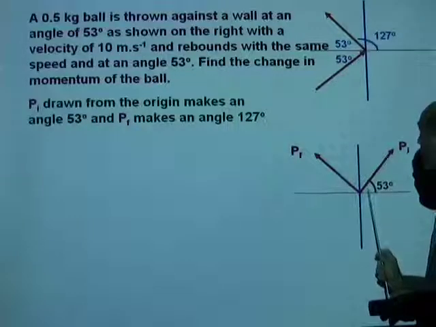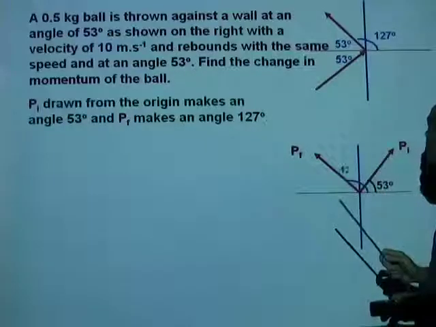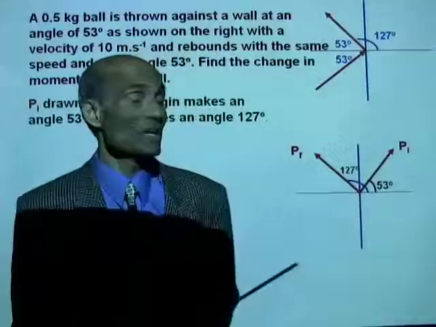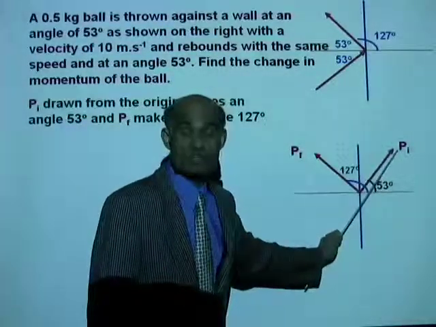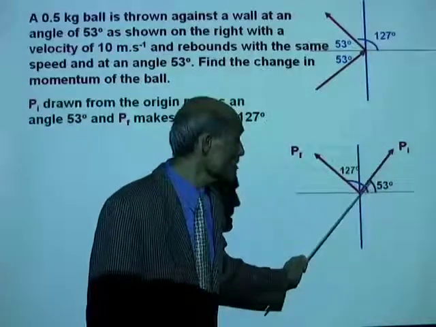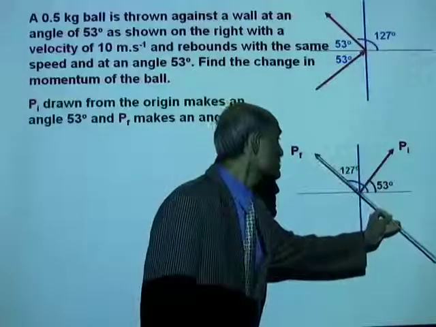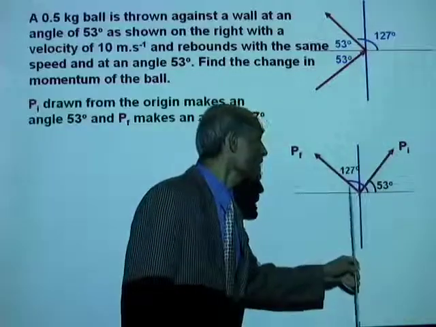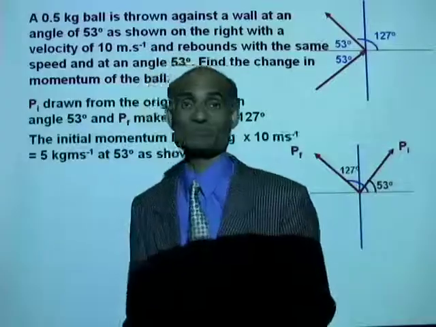The angle of the final momentum is this angle, which is 127 degrees. So you must be very clear there. The initial momentum of magnitude Pi, which we will be calculating shortly, makes an angle 53 degrees with the positive x-axis. The final momentum Pf makes an angle 127 degrees with the positive x-axis.